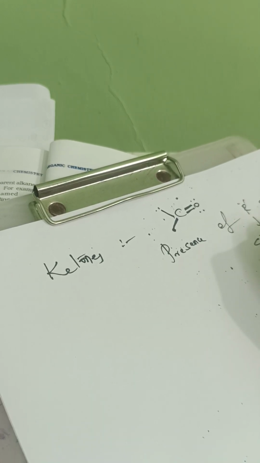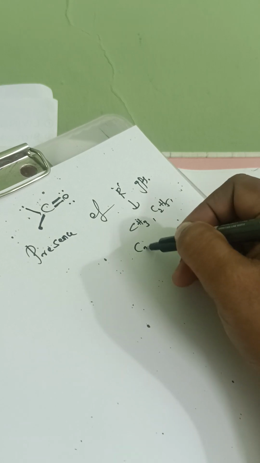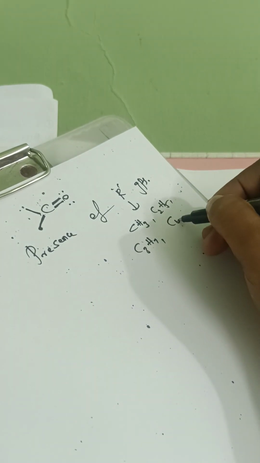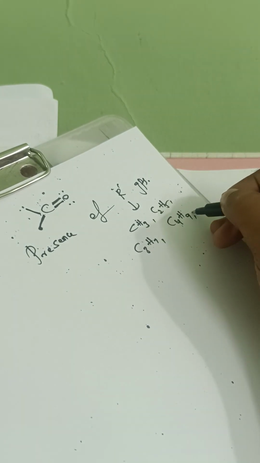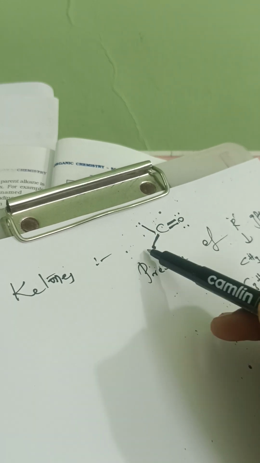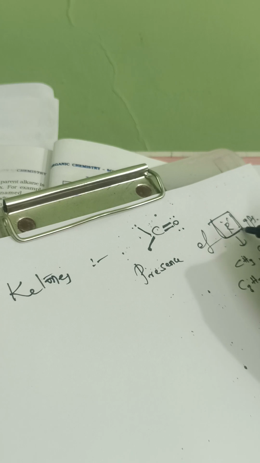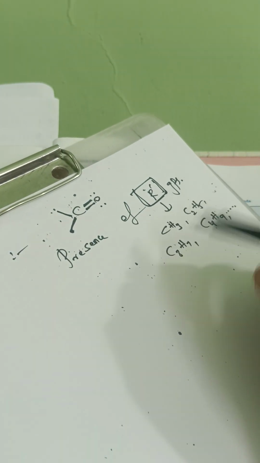It may be methyl, ethyl, C3H7 that is propyl, C4H9 that is butyl, and so on. If the bonds are left like this without any group, it indicates the presence of alkyl groups.